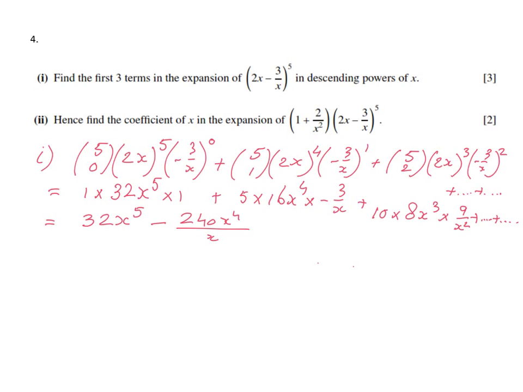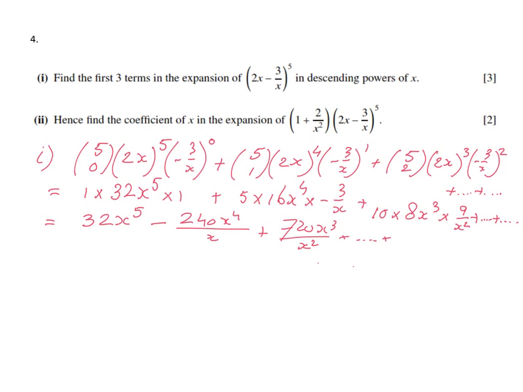Okay, so we're going to simplify that in a minute. That third term is going to be 10 times 8 times 9. Yeah, of course, that's going to be 720. Apologies. 720 x to the power 3 over x squared.